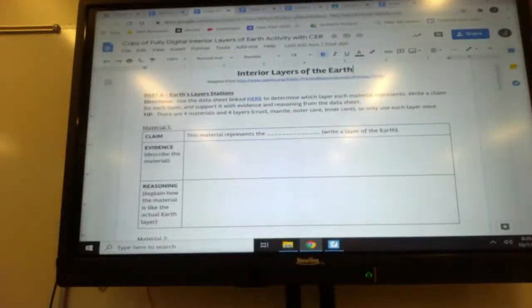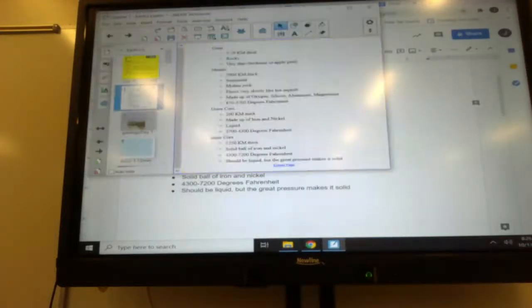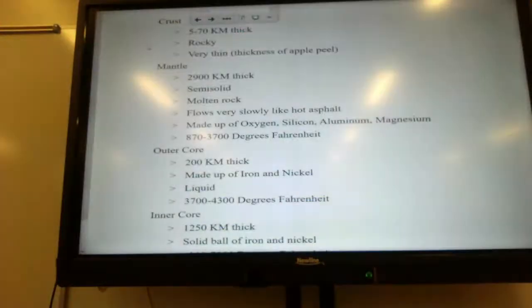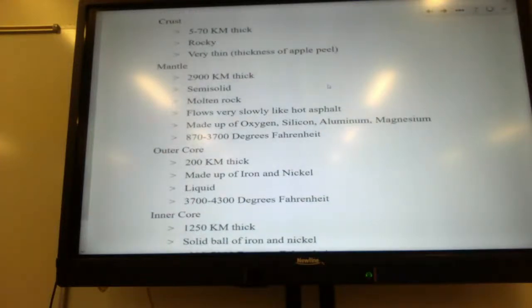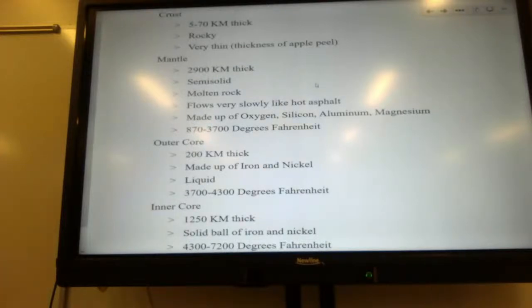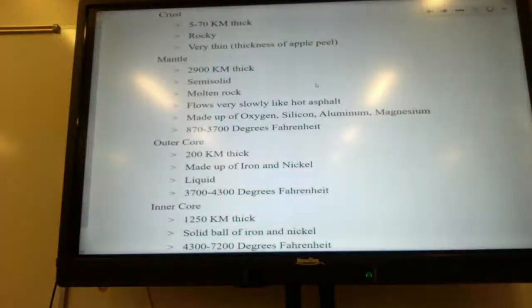All right, so I'm going to post up here some of the facts you need to know. Can you guys see that? Scroll down a little bit. There you go. All right. So to complete this, along with you seeing these, and if you need to see these again, I'll place these out on the front table here, and just one at a time, come look at them.